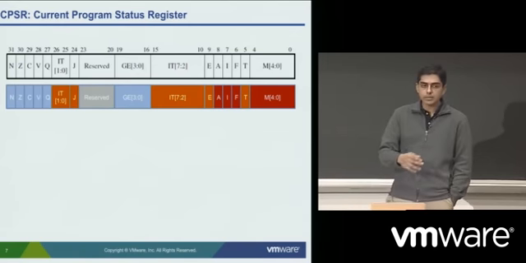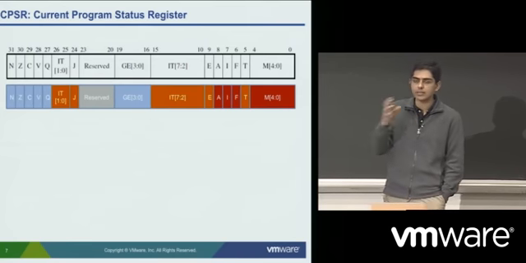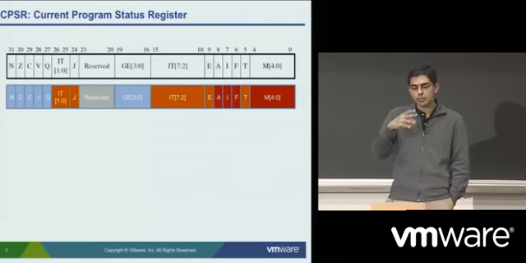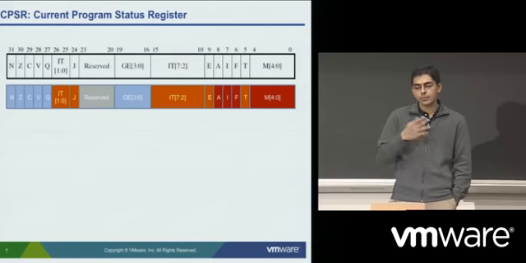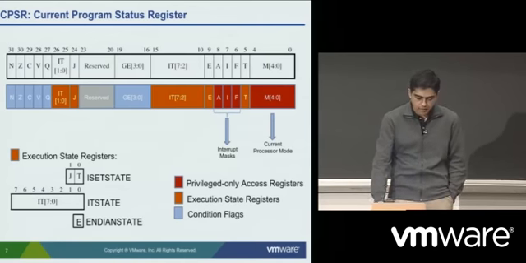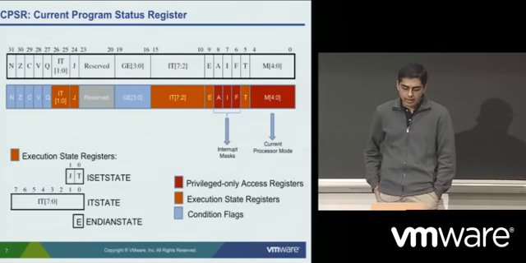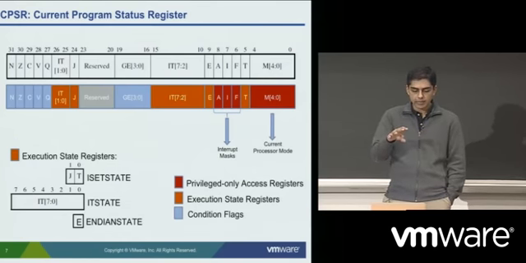This is very similar to how the EFLAGS register on the x86 architecture is mixed in terms of having both privileged and non-privileged state in the same register, which leads to several problems from a virtualization perspective. I'm not going into too much detail about the rest of the bits, but the important thing to note here is that the virtual machine monitor's interest is in only some of the bits.